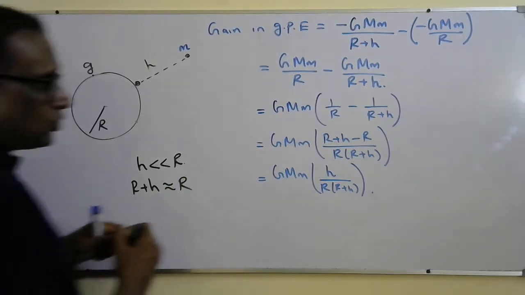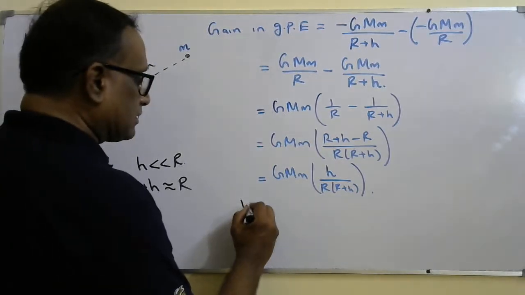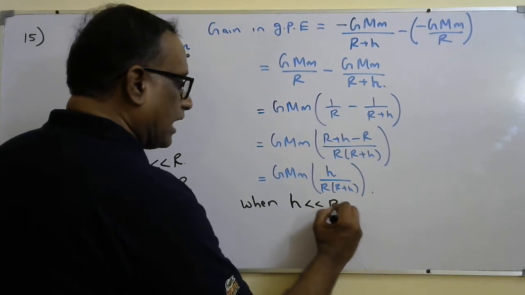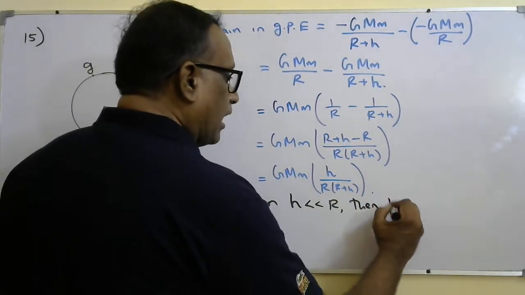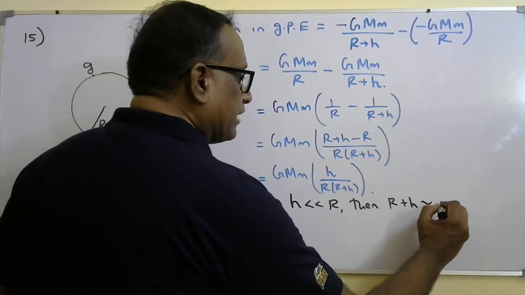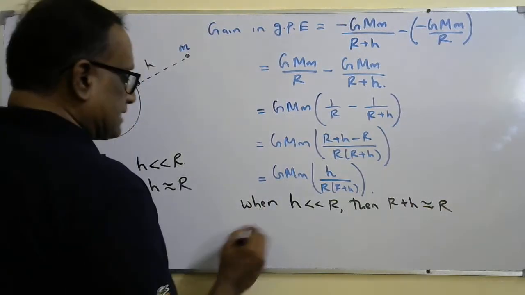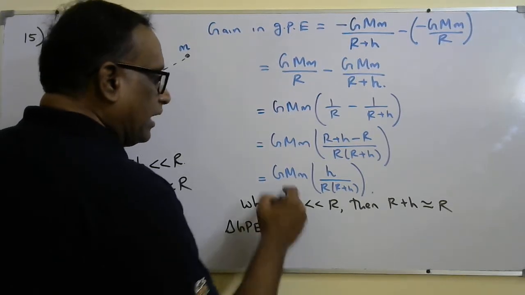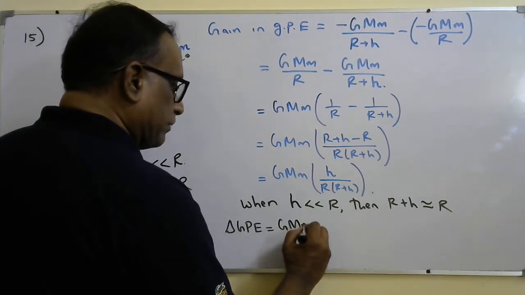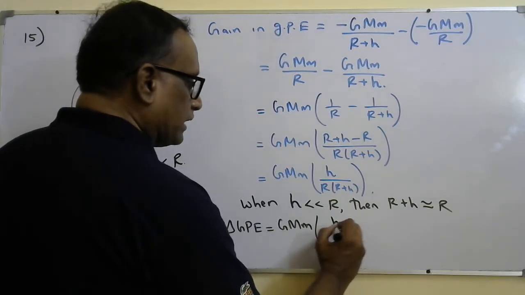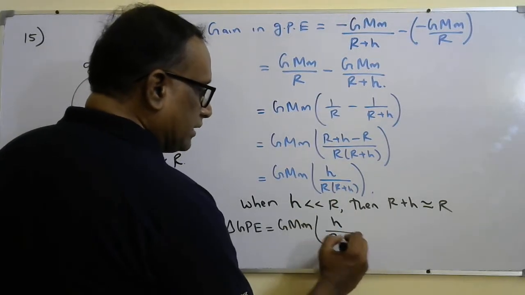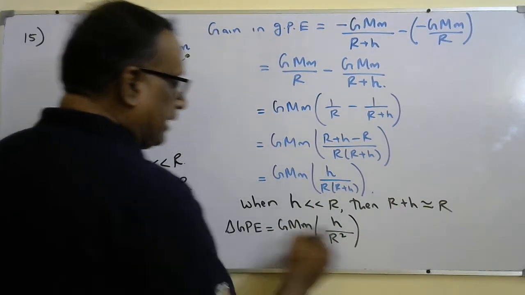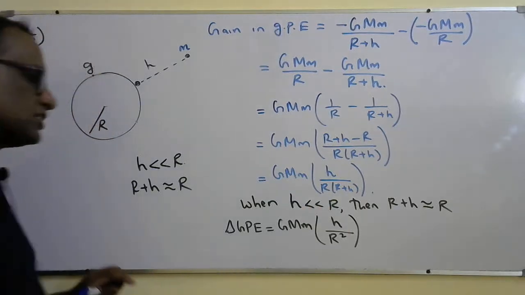So when h is very much smaller than R, R plus h is approximately R. The gain in GPE, delta GPE, is going to be GMm times h over R times R, so R squared. That is GMm h over R squared.